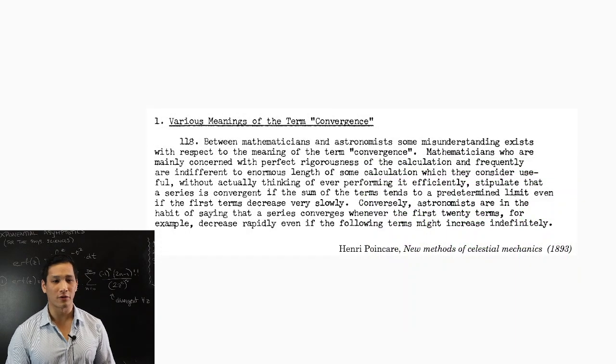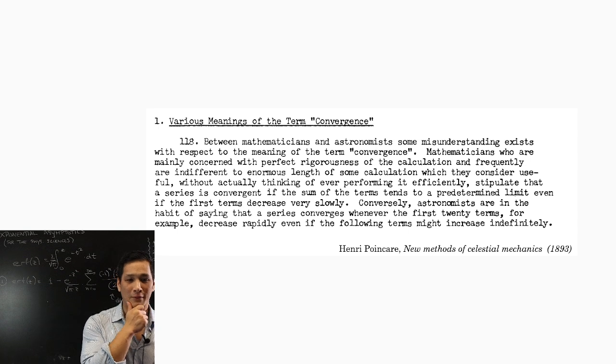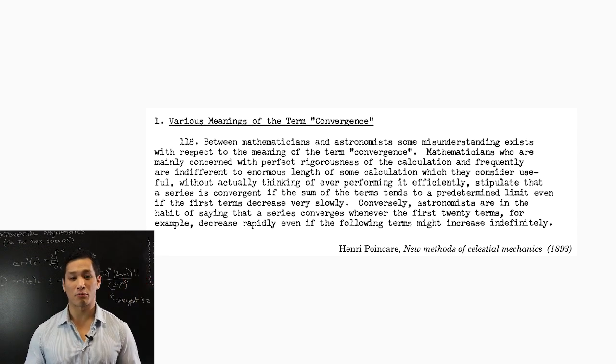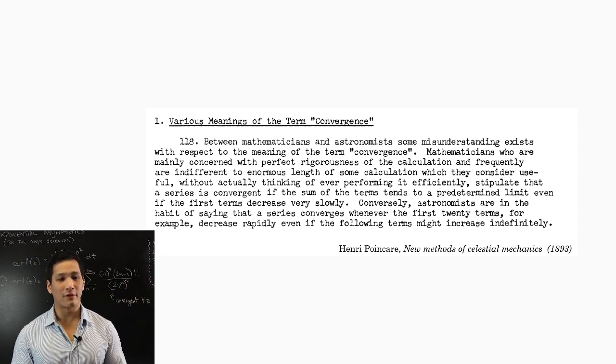So he wrote, between mathematicians and astronomers, some misunderstandings exist with respect to the meaning of the term convergence. Mathematicians, who are mainly concerned with perfect rigorousness of the calculation and frequently are indifferent to enormous length of some calculation which they consider useful without actually thinking about performing efficiently, stipulate that a series is convergent if the sum of the terms tends to a predetermined limit, even if the first terms decrease very slowly.